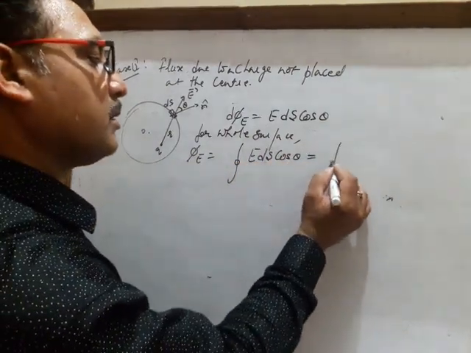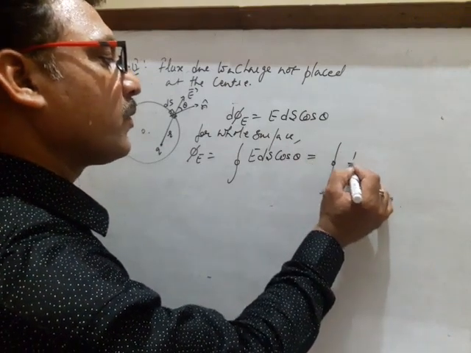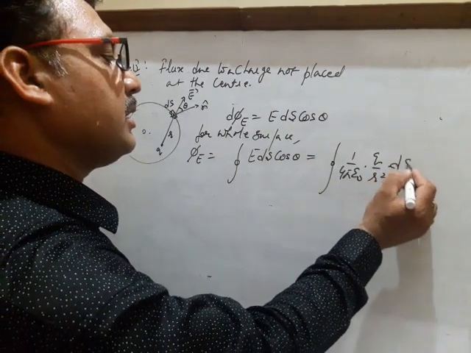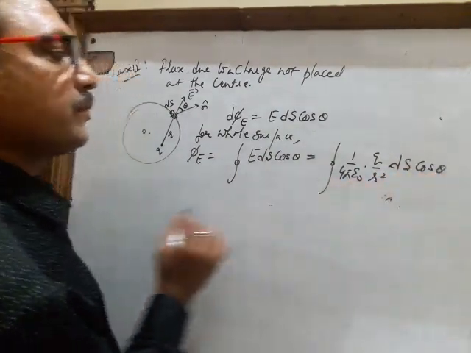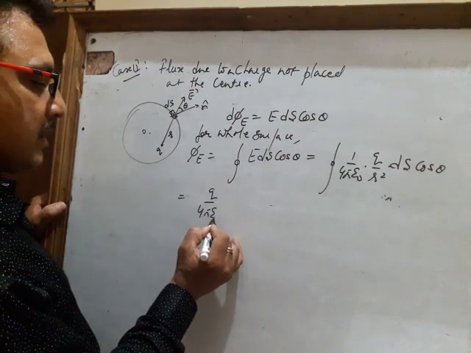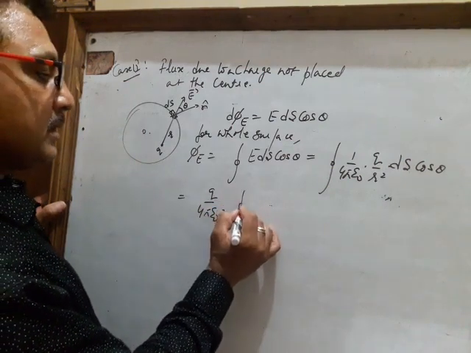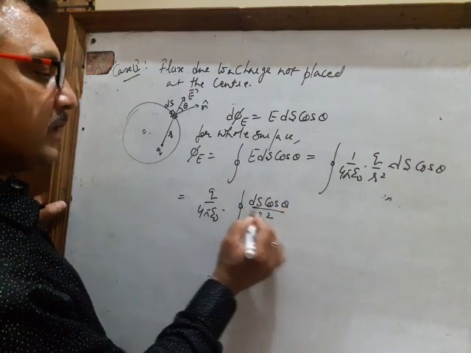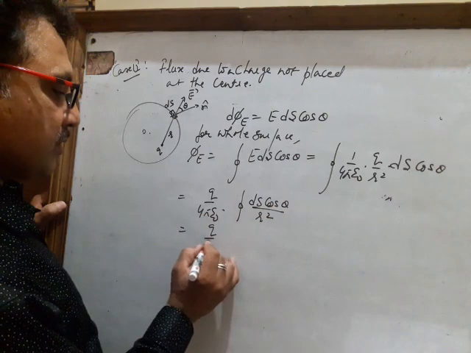What is the value of E? 1 by 4 pi epsilon naught q upon r square into ds cos theta. You take it like this, q upon 4 pi epsilon naught, you take it out, and this is ds cos theta upon r square.